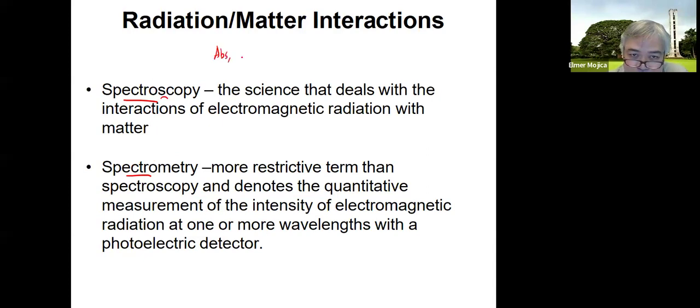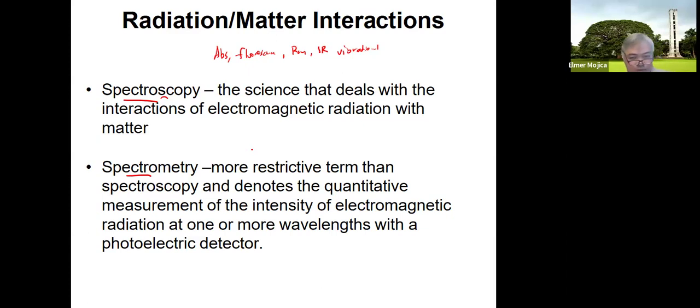Absorbance, fluorescence, or luminescence, as they call it. Raman, IR, or what we call vibrational spectroscopy. So when you're talking about spectroscopy, this is just the science that deals with the interaction of electromagnetic radiation with matter.